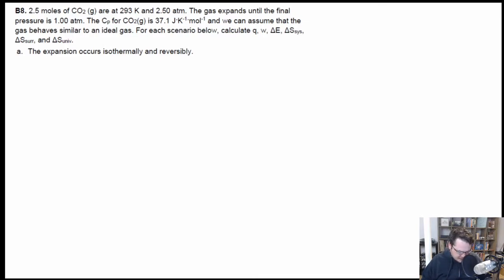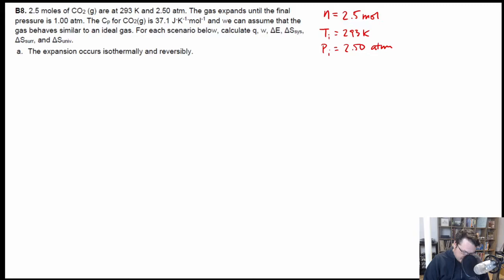In this case, let me just start writing out the conditions that we have. So we have 2.5 moles of CO2. We're initially at a temperature of 293 K. We have an initial pressure of 2.50 atmospheres.